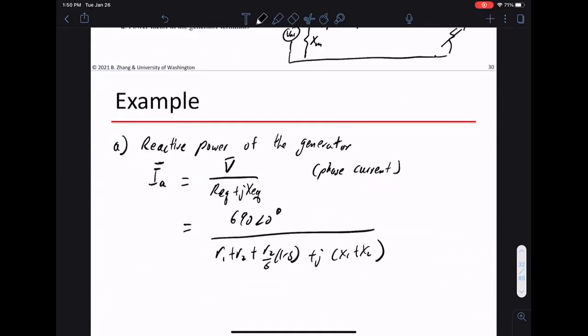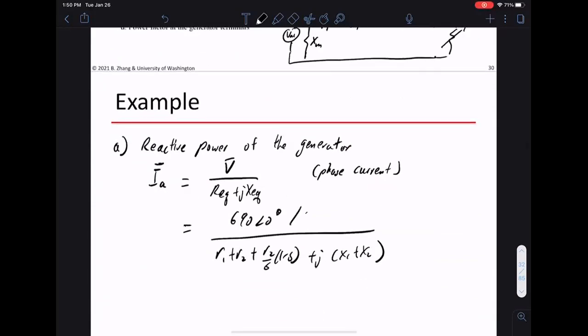What I need to use is this thing divided by √3. This V needs to be the line-to-neutral voltage. So it's not directly 690.